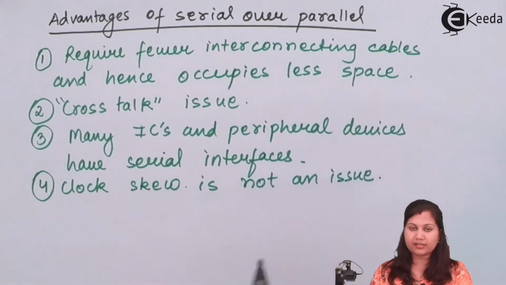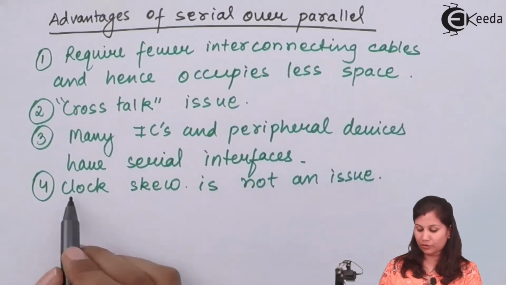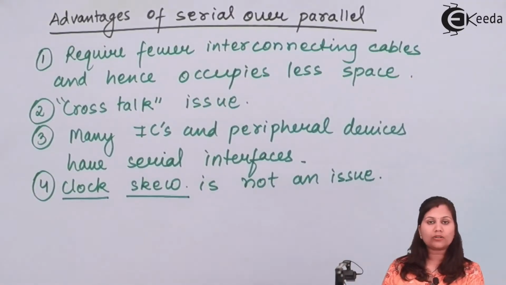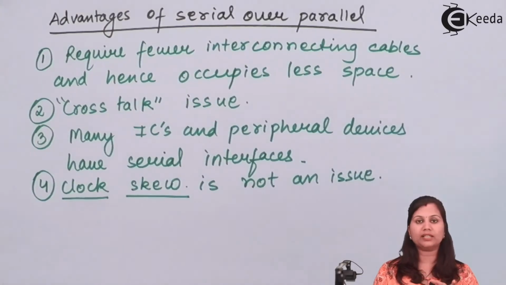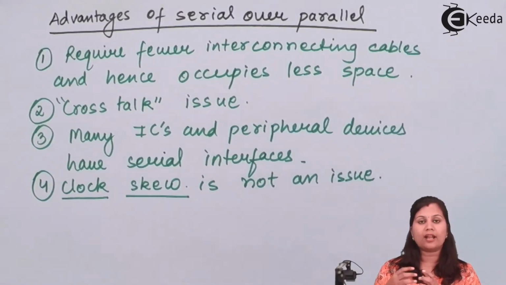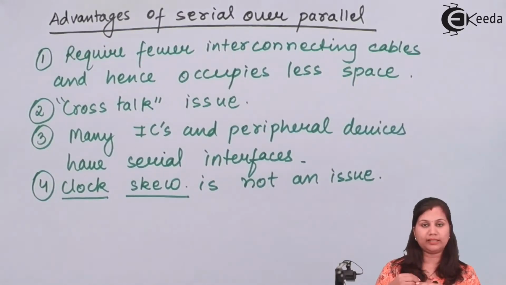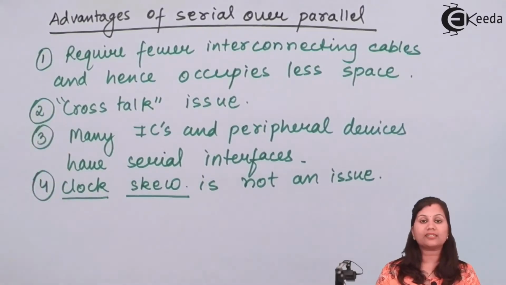Another problem which occurs in the transmission of data is called clock skew. Clock skew is a phenomenon which occurs when, suppose, in computers we have different blocks and each block wants the clock signal. When the clock signal is transmitted to each component, it may happen that the clock signal reaches the different components at different times.